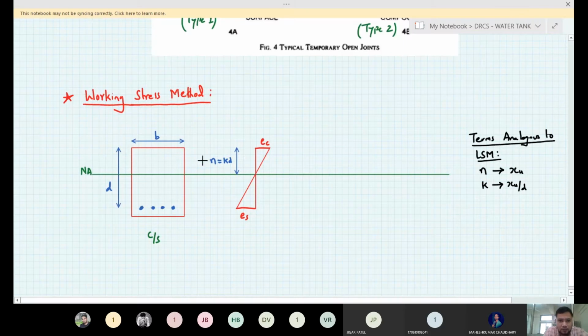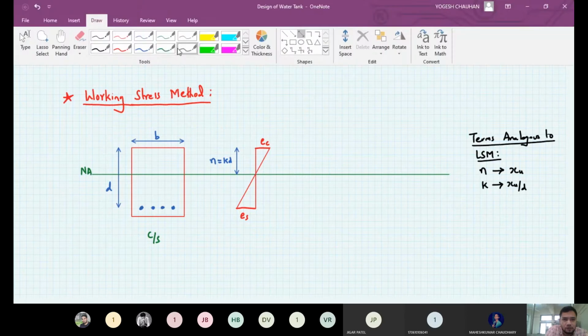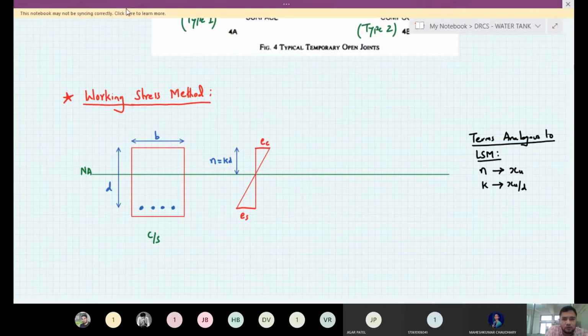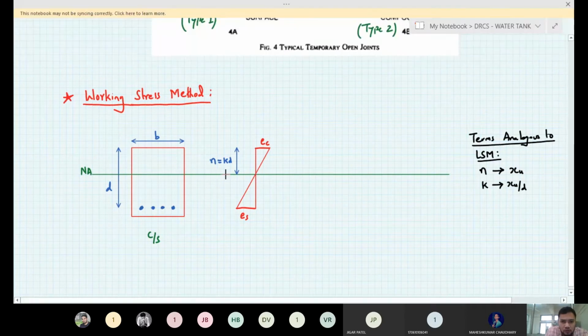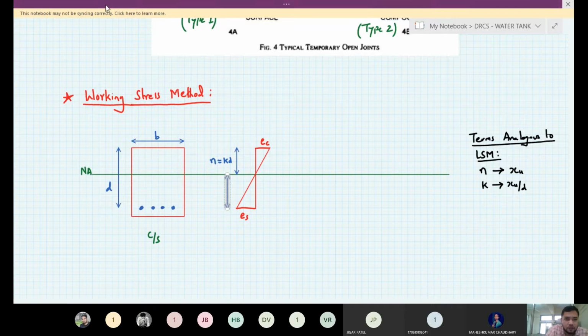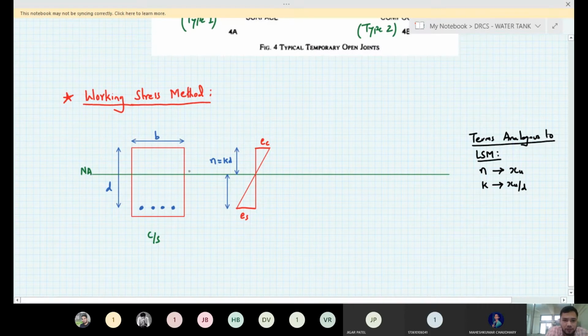So this part is the effective depth minus n, so this will be d minus n.